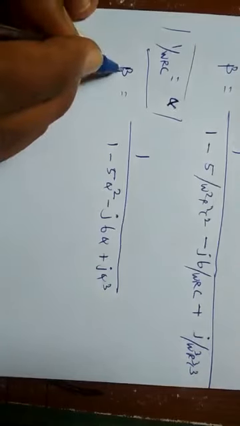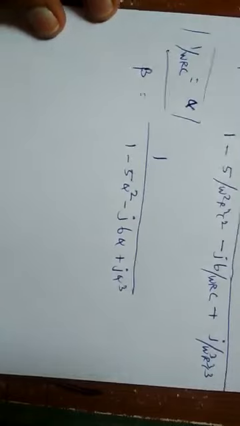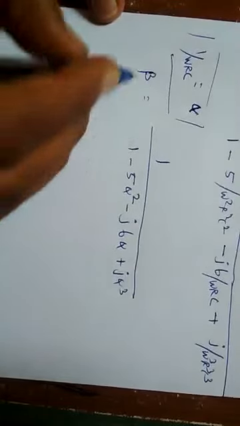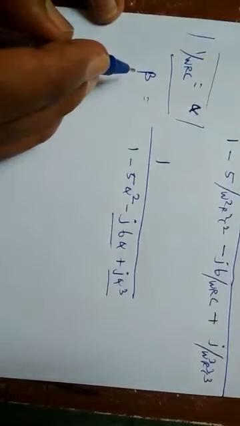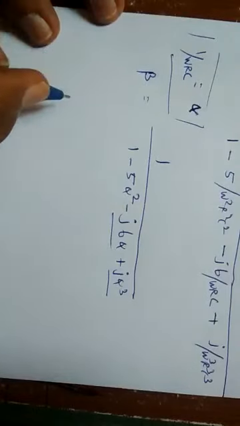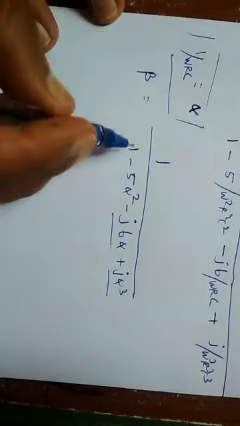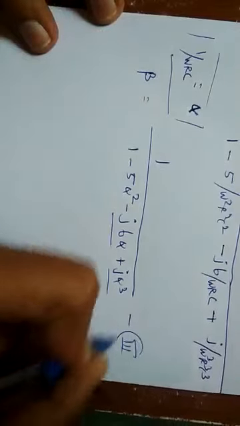Now, to satisfy the Barkhausen criterion, beta must be real. So the imaginary part in this beta equation must be equal to 0 to produce an absolute positive beta to satisfy the Barkhausen criterion. So from this beta equation, we can name this as Roman letter 3.